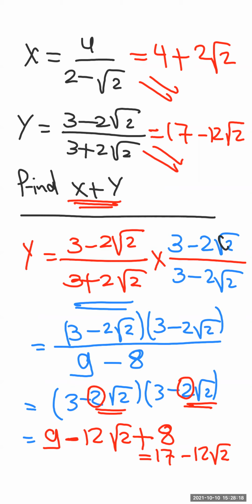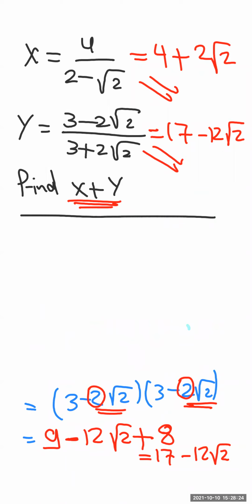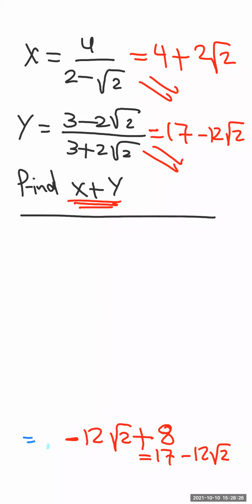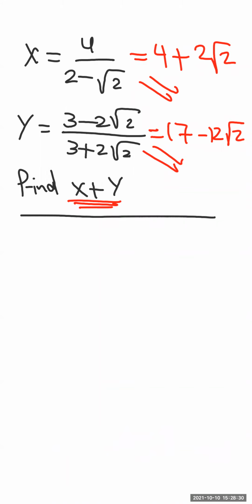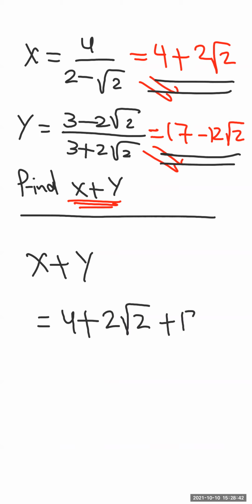So I'm going to clear this part. So now x plus y will equal, get the value of x here, 4 plus 2 square root of 2, plus y, get the value of y, 17 minus 12 square root of 2.